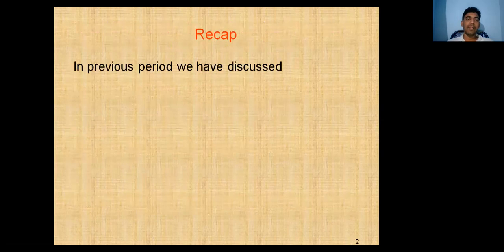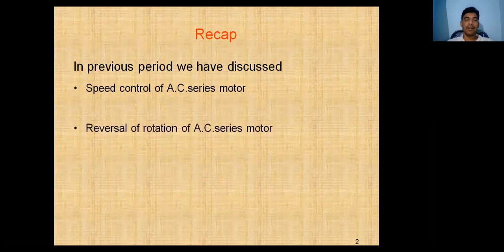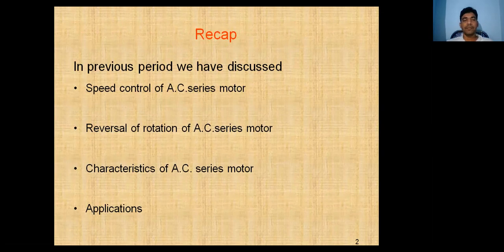In the previous period, we discussed speed control of AC series motor, reversal of rotation, characteristics, and applications of AC series motor. Construction of AC series motor looks the same as DC series motor with some modification.